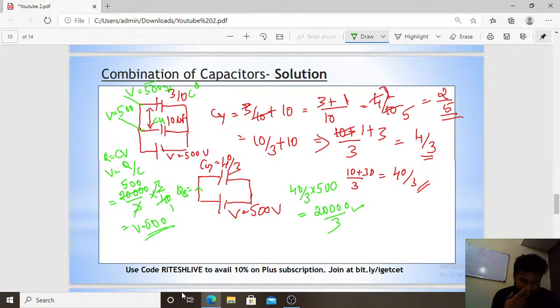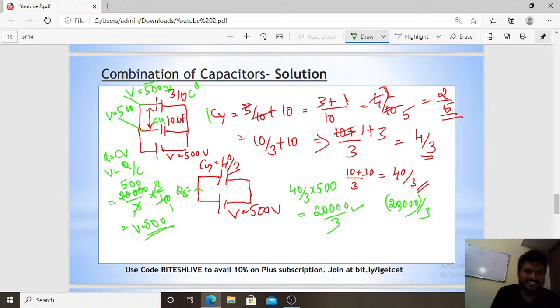QS is 20,000 by 3. No, not 2000, it is 20,000. Yashasvi, do the correction. 20,000 divided by 3. This time I am right.